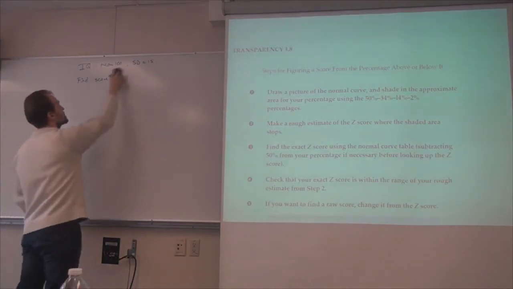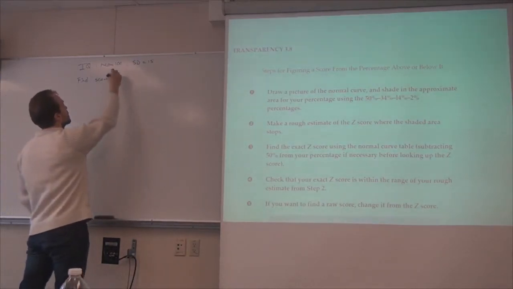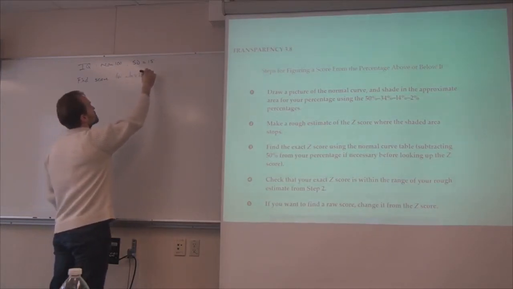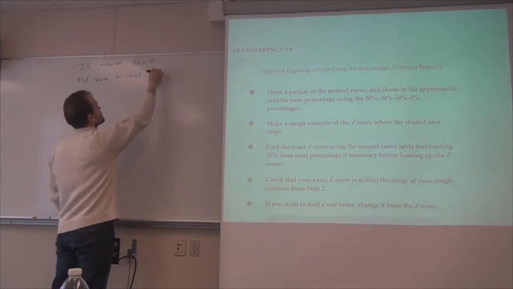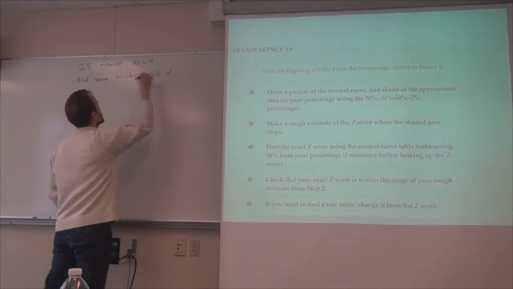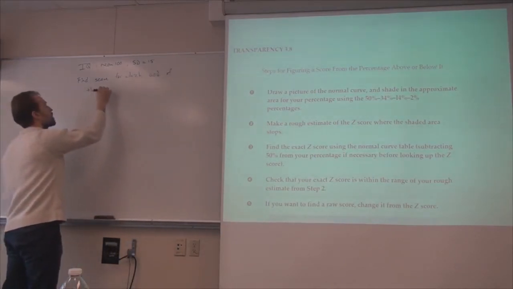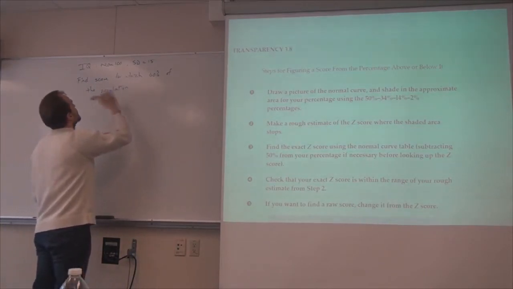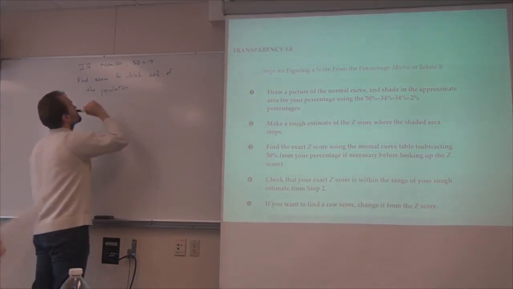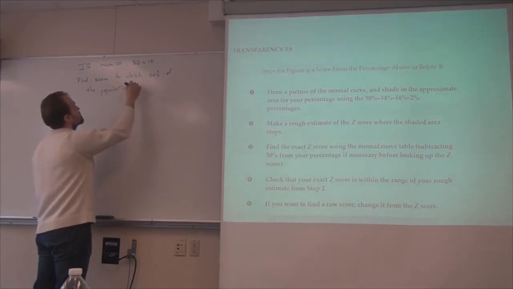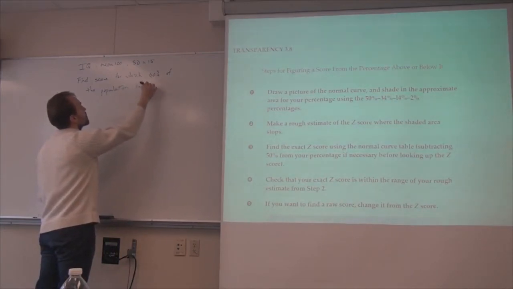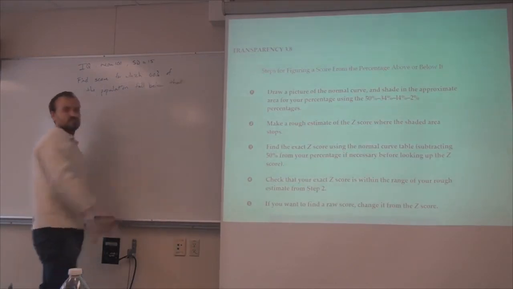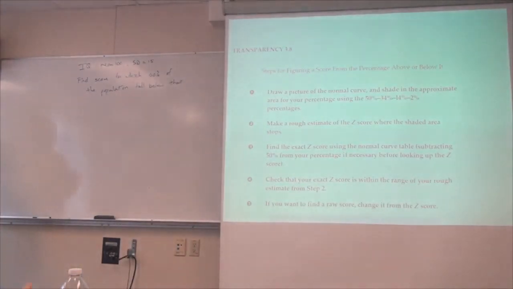Let's say, find the score for which 40% of the population falls below that score, or whatever. Grammar aside, does everyone understand the question?